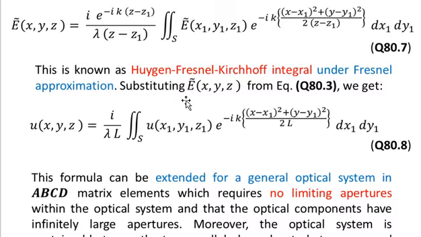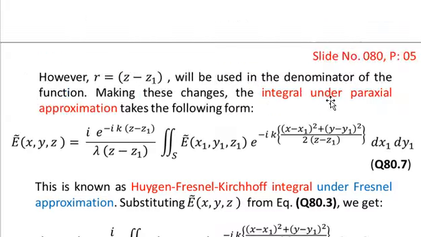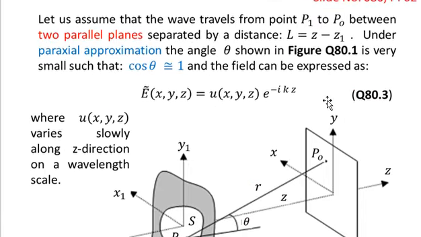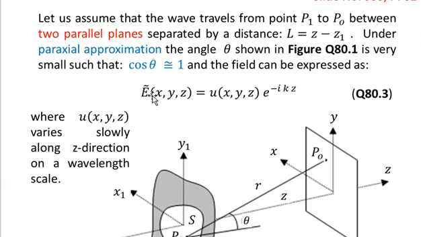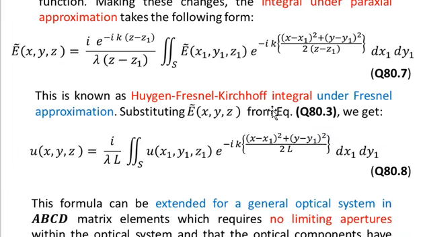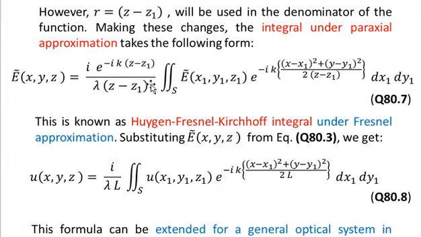So substituting e prime as a function of x, y, z from equation number 3, that is, we are substituting this e prime in terms of the quantities on the right hand side, and after simplification we get this integral. Because e to the power minus iota kz will be cancelled out by the term on the left hand side.